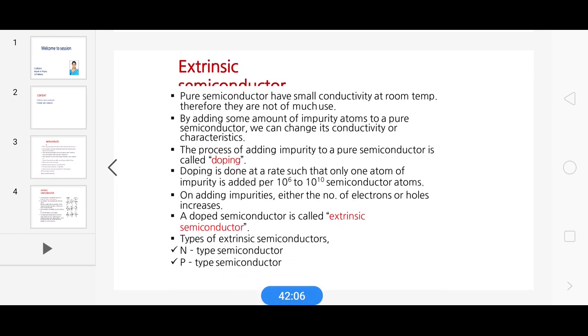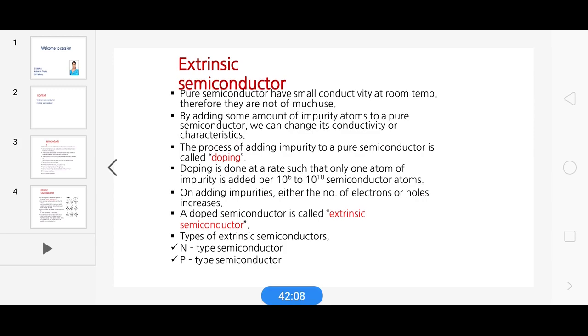And now the classification of extrinsic semiconductors. At room temperature the conductivity is very low for a pure form, and by adding some impurities we can increase the conductivity, and this process is called doping.